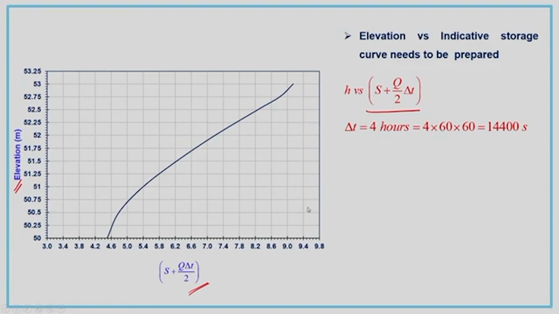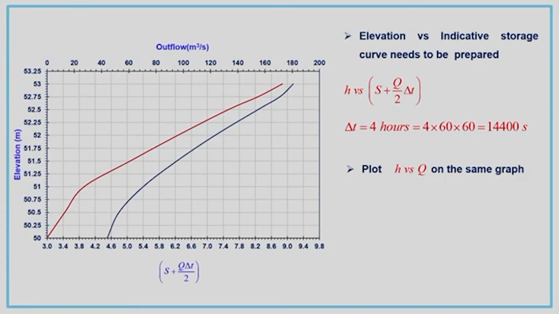Now, what we have to do is plot H versus Q on the same graph. The outflow elevation relationship is what we are going to plot here in the same graph. So that is plotted here. This red curve represents the elevation versus outflow. But here one thing you need to be careful about: we are plotting the outflow along the secondary x axis.